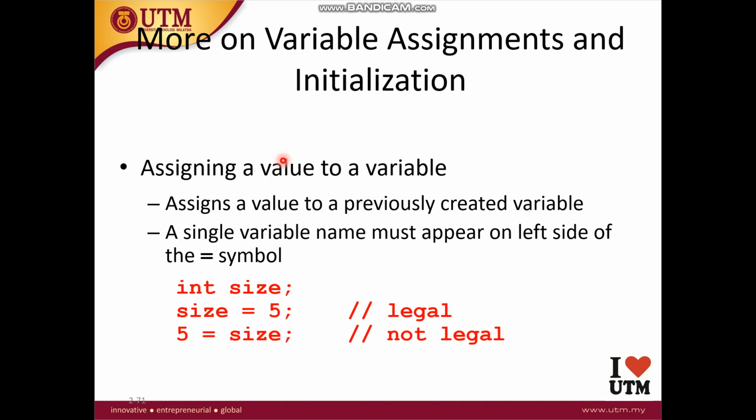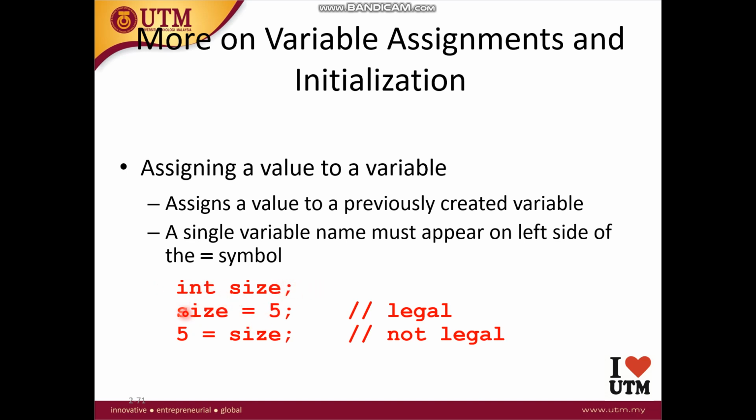Okay, how to assign a value to a variable. We have already discussed that, but now we are going to repeat it. First you need to declare the variable, and then you give the variable a value. You can even do both in one statement, int size equals 5.